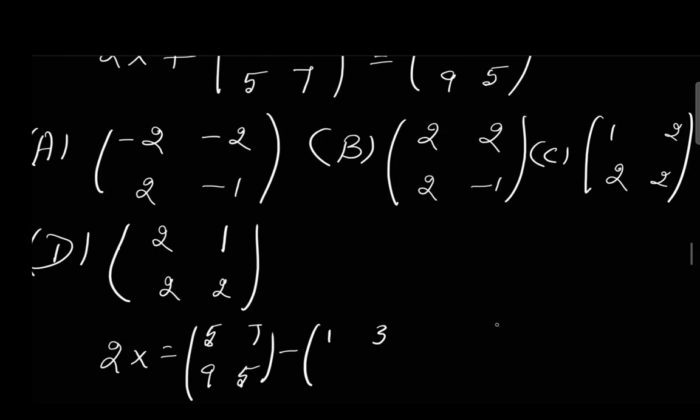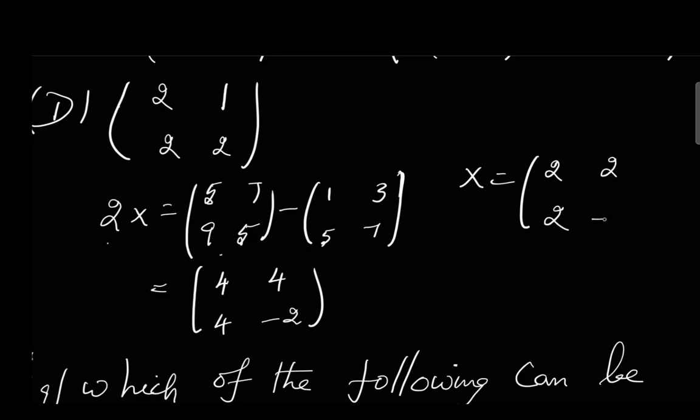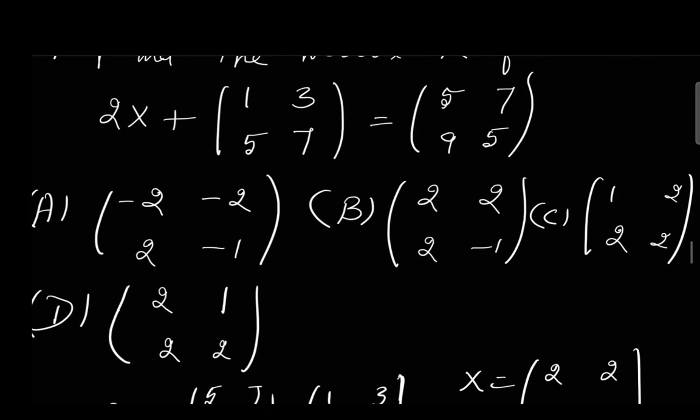So 5 minus 1 is 4, 7 minus 3 is 4, 9 minus 5 is 4, 5 minus 7 is minus 2. So X equals, you divide each term by 2. All this is mental calculation: 2, 2, 2, minus 1. The matrix X is [2, 2, 2, minus 1].